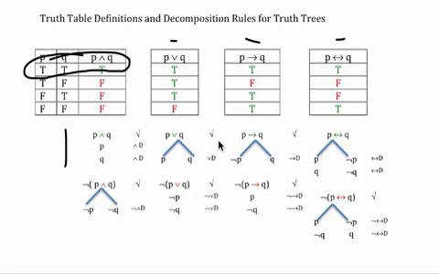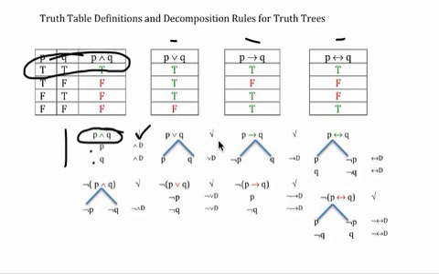So what we do when we come down here to look at the decomposition rule for conjunction is we're going to adopt a convention of getting rid of the conjunction sign and stacking the statements on top of each other. Right? So what this says here is, okay, we have decomposed the statement that we started with, P and Q. We've checked it off to say that we have decomposed it, and what we've done is we've stacked the truth conditions for that on top of each other.